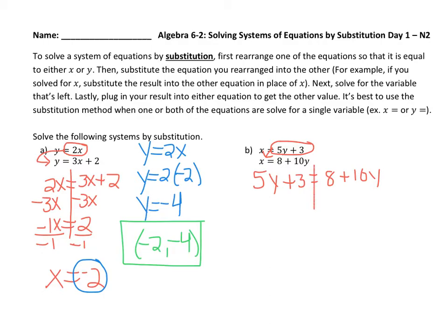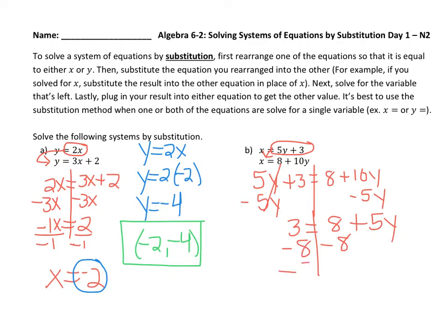Let's go ahead and solve. I'm going to subtract 5y from both sides. I get 3 equals 8 plus 5y. Subtract 8. Negative 5 equals 5y. Divide by 5.